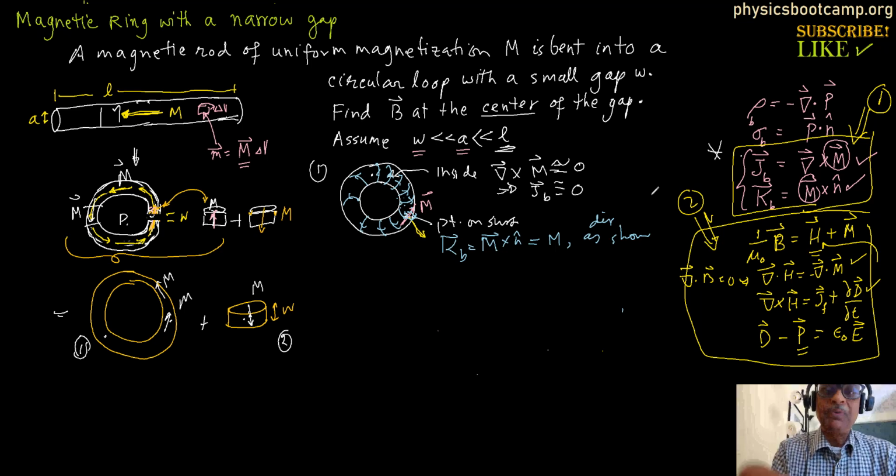Okay, so I want to find out what the magnetic field at this point will be, at an inside point. Well, using the symmetry of a torus, we can now use Ampere's law, right?